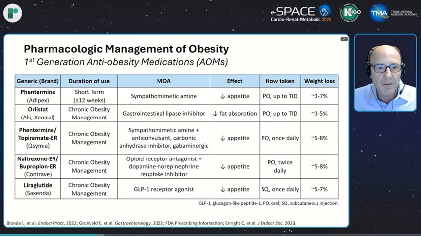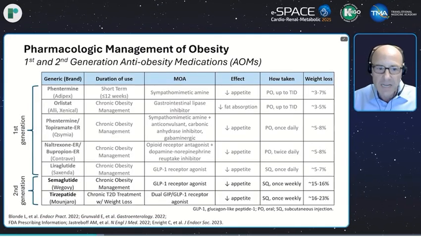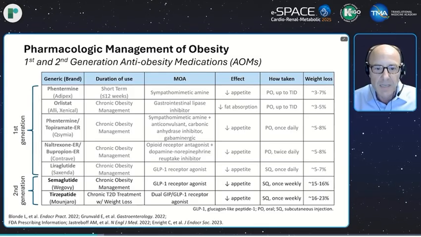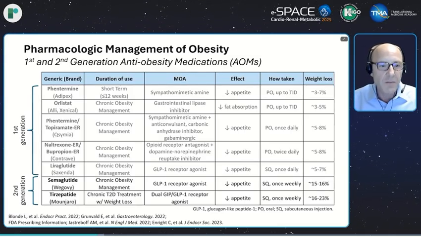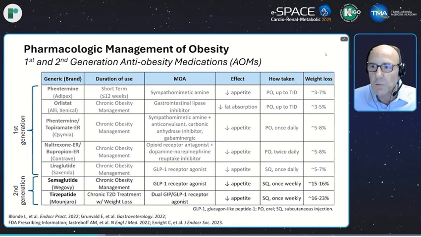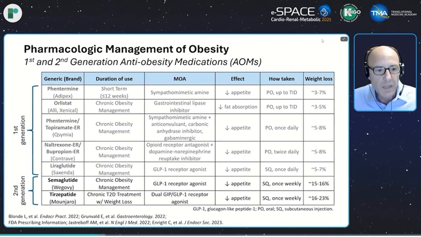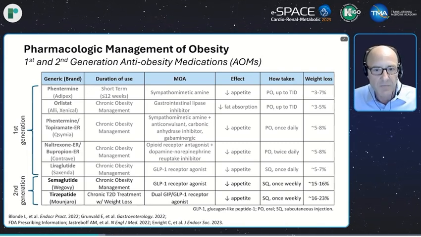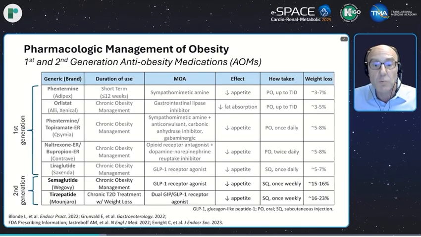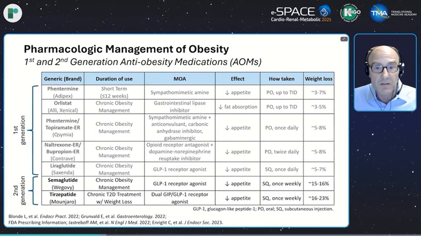But what we're really happy about is now that we have the second generation medications, such as semaglutide and tirzepatide. And so these medications are giving much greater levels of weight loss on the range of 15 to 20%, sometimes even more. And so it's really changed the paradigm as far as having the availability of much more powerful medications that are effective for weight loss.